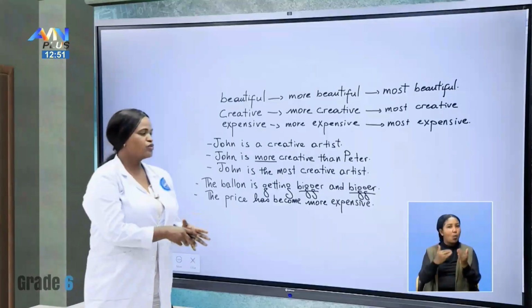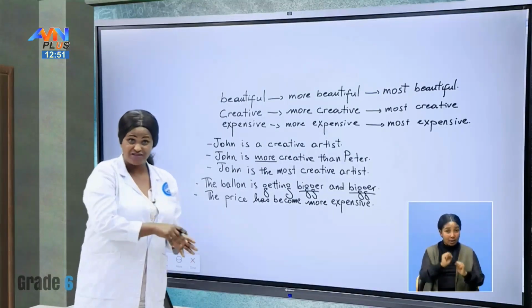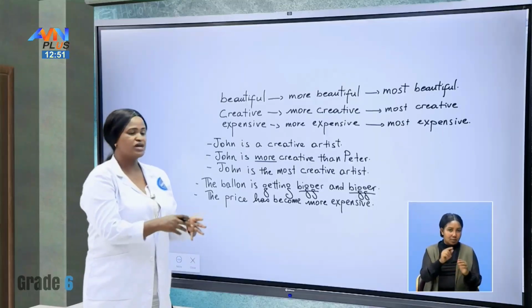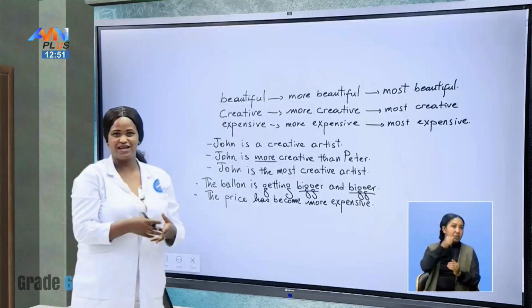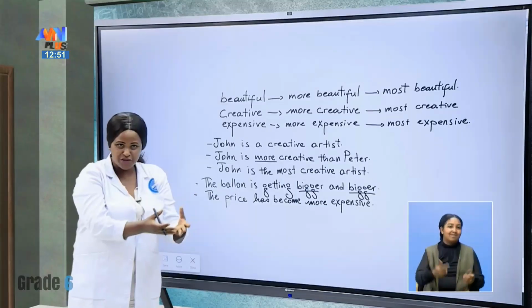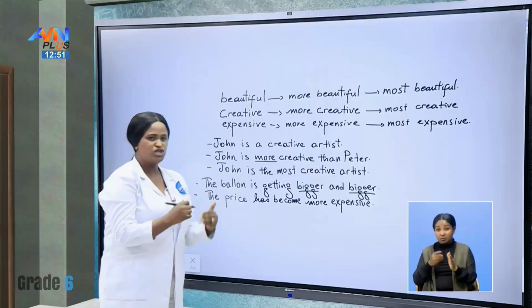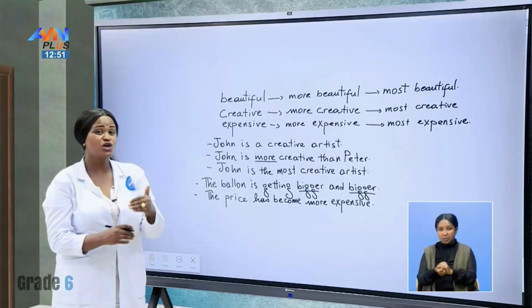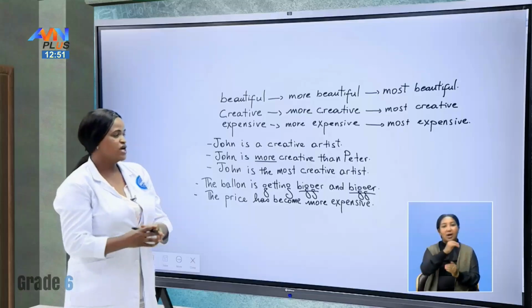Now, who are we comparing the price with? We are comparing it with itself. Yes? The price has become more expensive, maybe more expensive than yesterday. Yes? Or more expensive than the other days. So, sometimes when we want to show a progress or a change, we use more than one adjective in one sentence.